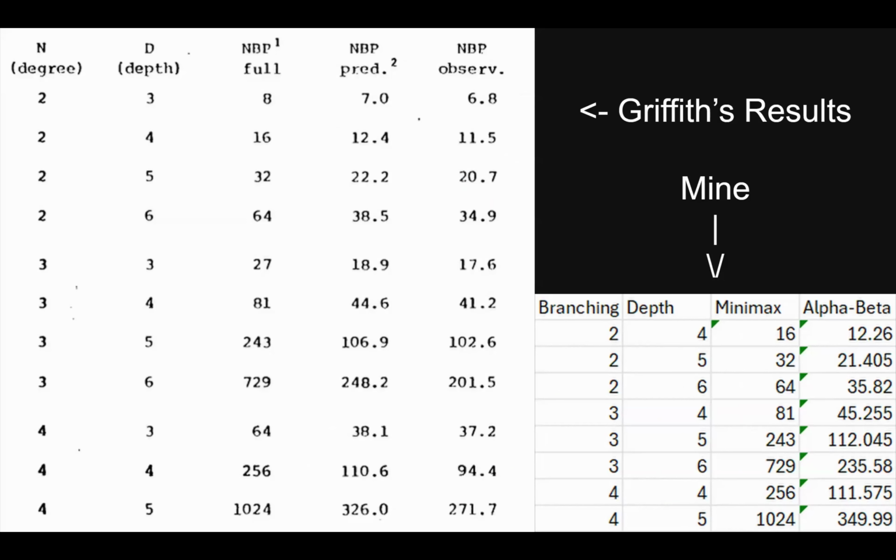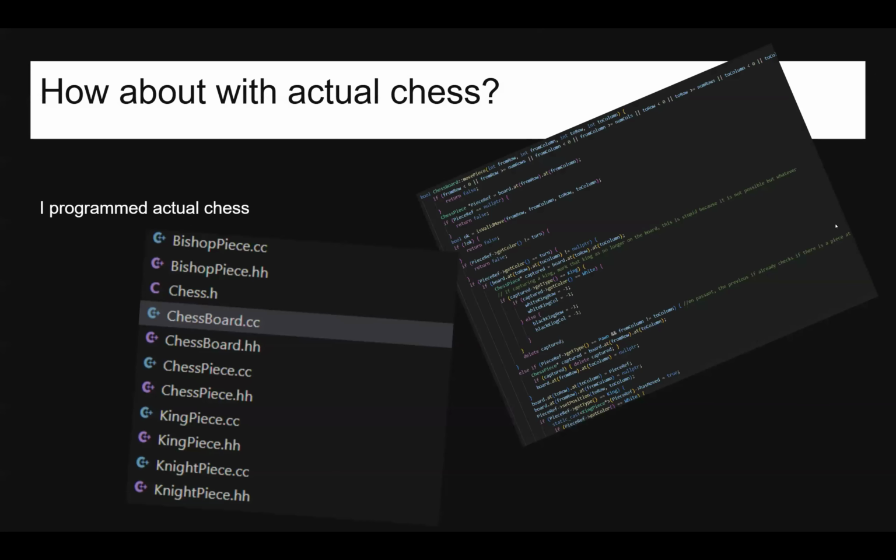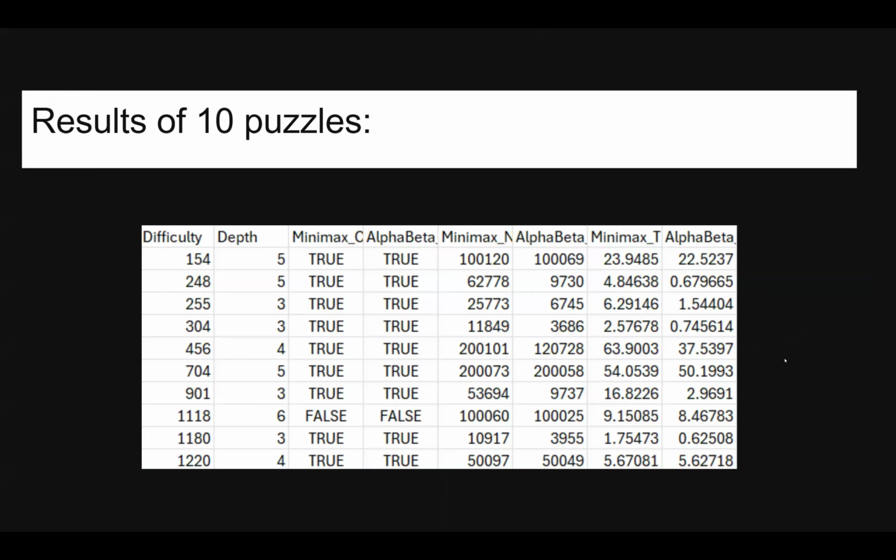To compare the results, you can ignore the predicted results. If you look under alpha beta and the far right, you should see that these kind of line up, and minimax will always be the same because it checks every branch in the tree. And to test it with actual chess, I had to program all of actual chess, and these are my results.